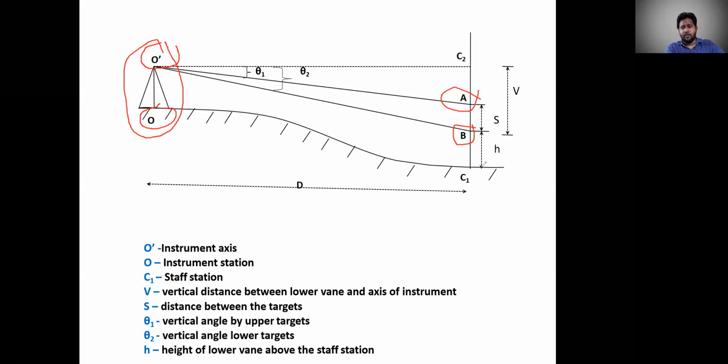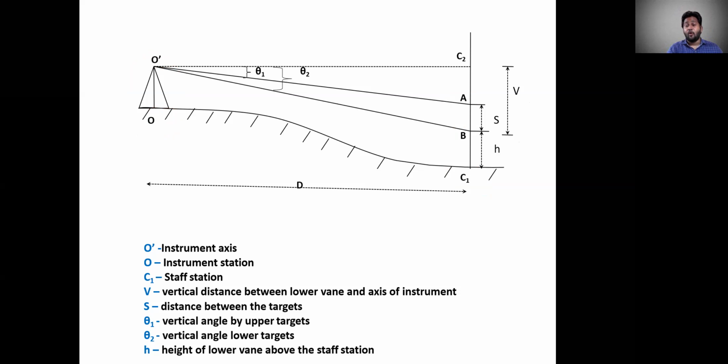Whatever C1 is, we call it the staff station. V is the vertical distance between the lower vane and the axis of instrument. As in case 1, the notations will not change. The notations are the same here also, but the only thing is the direction has changed. Previously your point was above the instrumental axis.